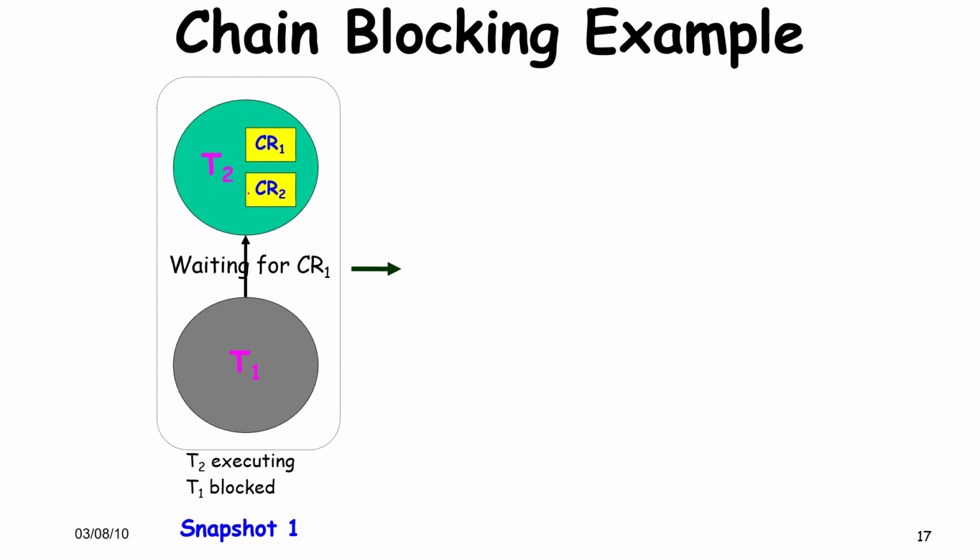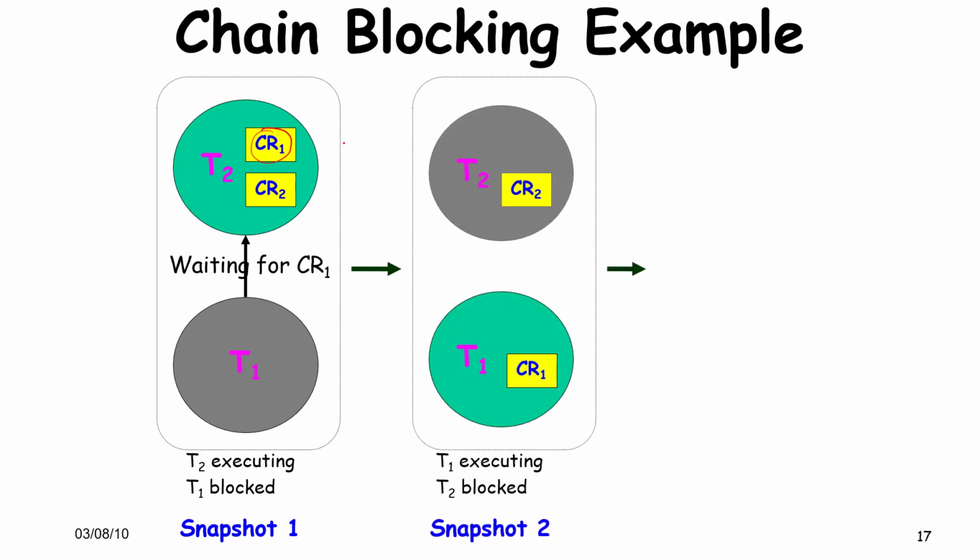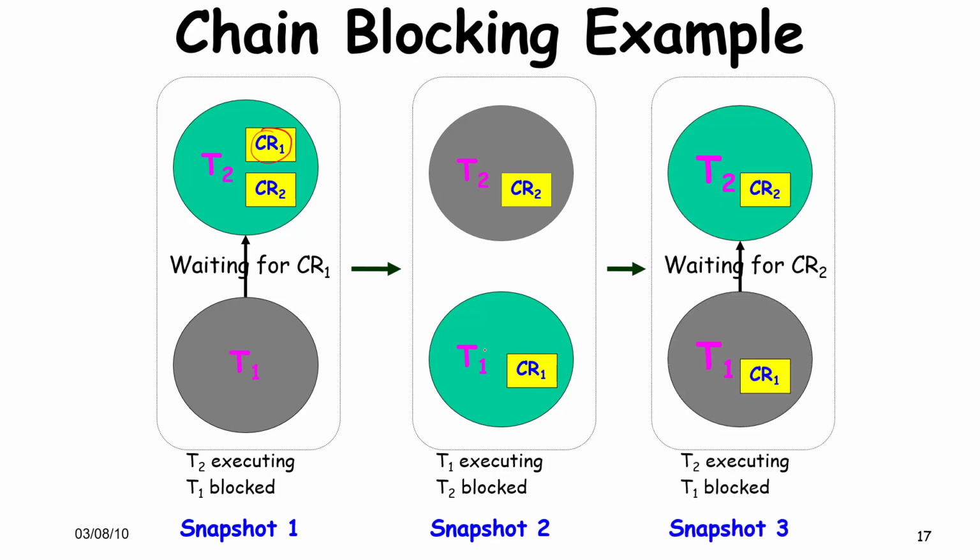All right. So T1 in this case is waiting for resource 1. This means that T2 will inherit T1's priority, so it will execute at a higher priority. Then T2's priority will revert back, and T1 will again execute at its natural, high priority, and will get access to resource 1. Now assume that it needs access to resource 2.